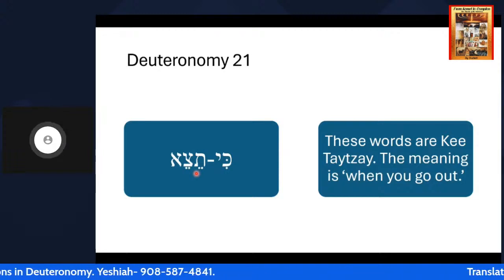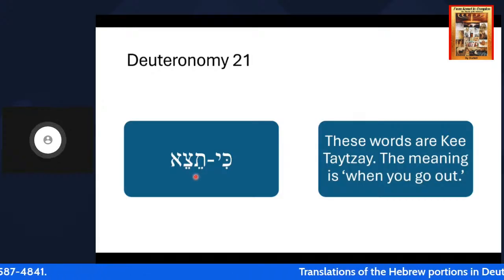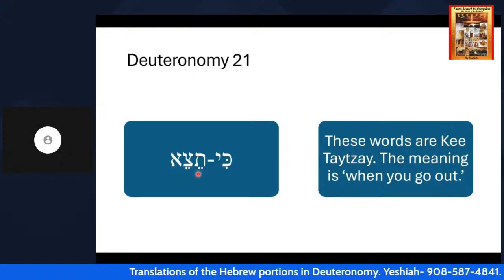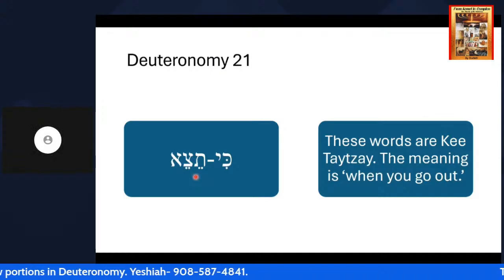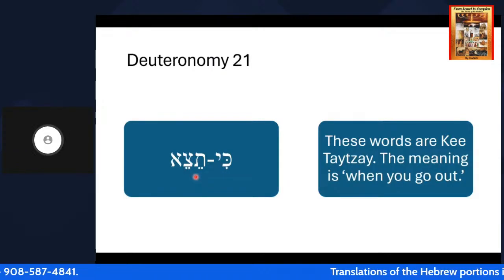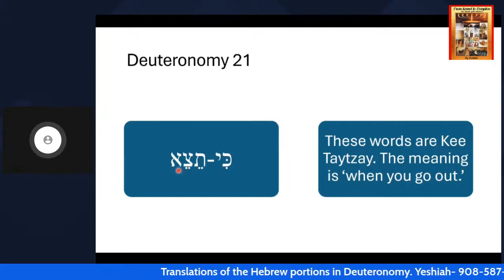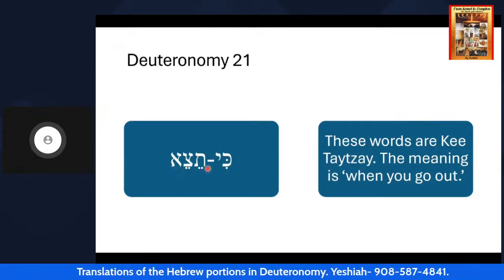So now in the future tense, you would have etze, tetze, tetz'i, and so on. So that's something we care to bring out for reference purposes. When you go out, because you go out, when you go out.